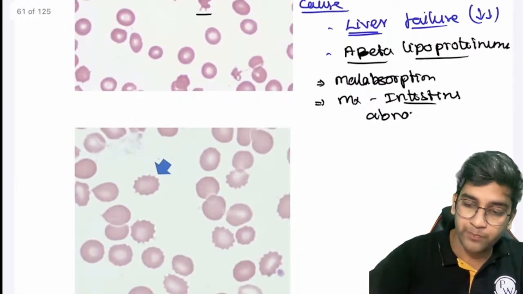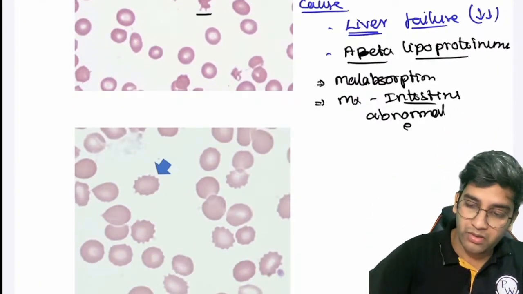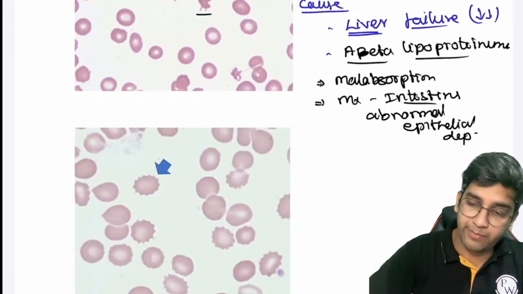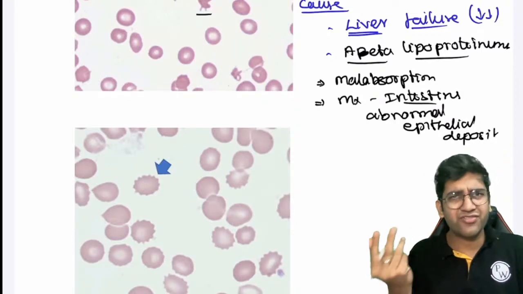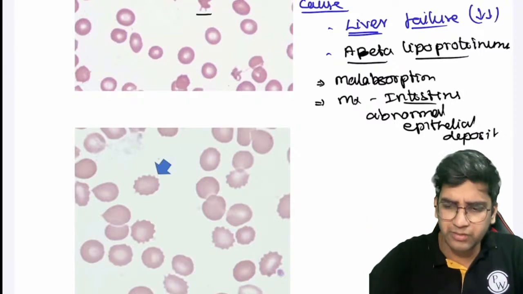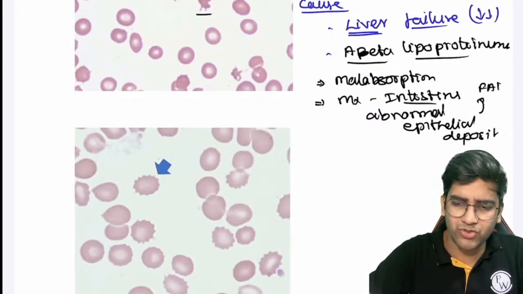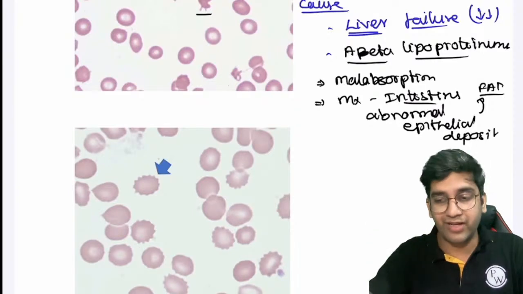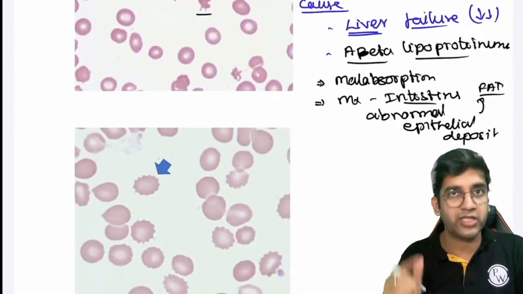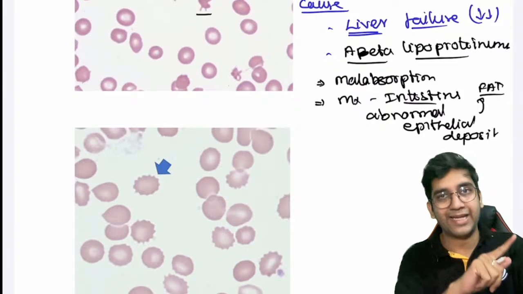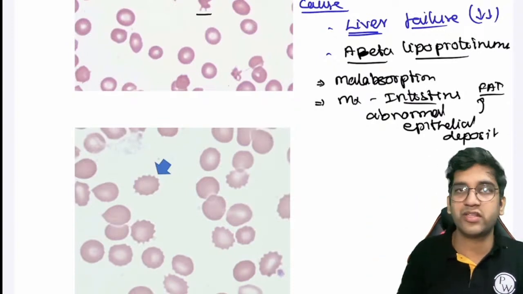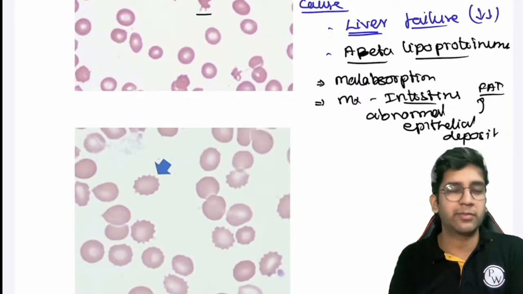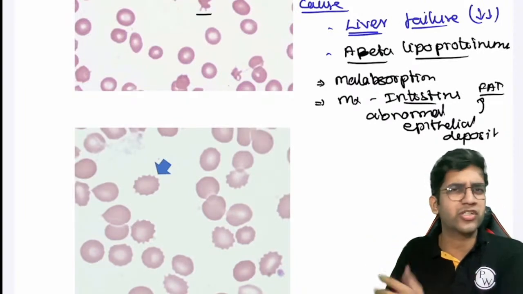So you have an abnormal epithelial deposit, and it's nothing but fat. What's the color of fat? It's clear. When you see clear fat vacuoles on the epithelium of an intestine with malabsorption and acanthocyte, you call it abetalipoproteinemia, right? I just want to add one more because these two are commonly discussed in multiple places. So if it repeats, I'm sure you will write it.